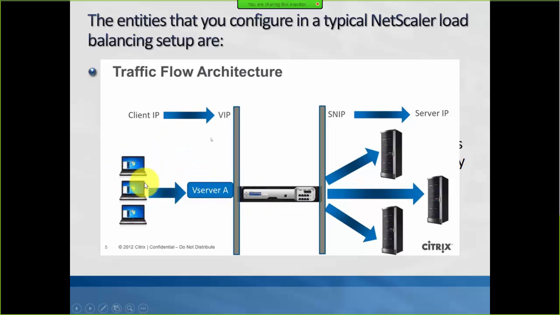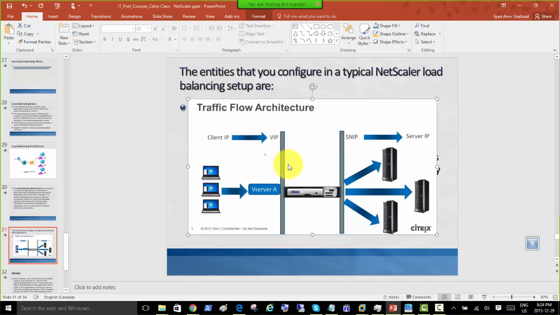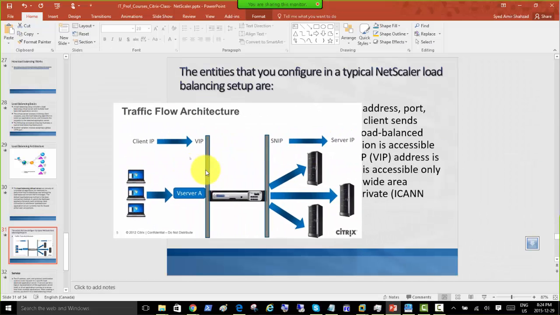The client connection is initiated, and through the virtual IP the client reaches our NetScaler, and from NetScaler the virtual server forwards the traffic to the least used XenApp server, right? This is the subnet IP, as we saw in the diagram, right?